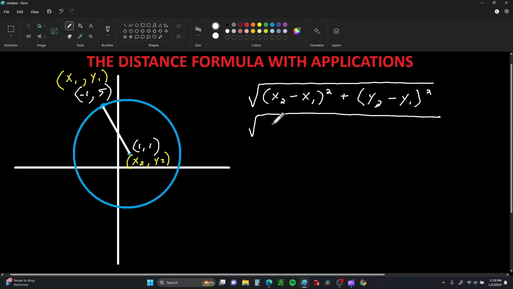Now having the points labeled, I can go and substitute. So x2 is 1 minus x1, which is minus 1. So now I'm adding 1. And then y2 is 1 minus y1, which is plus 5.